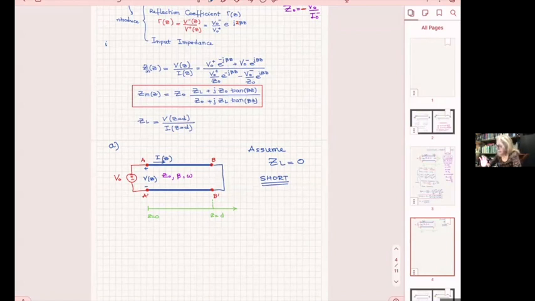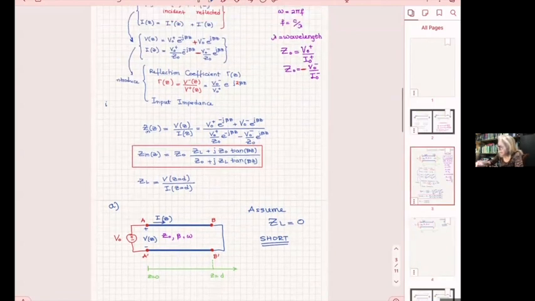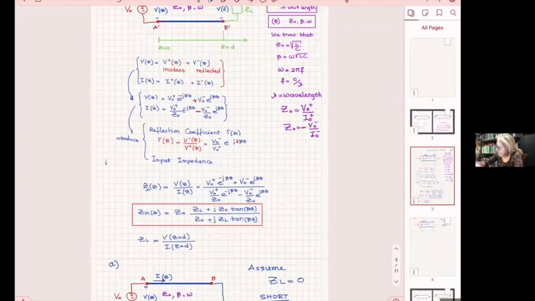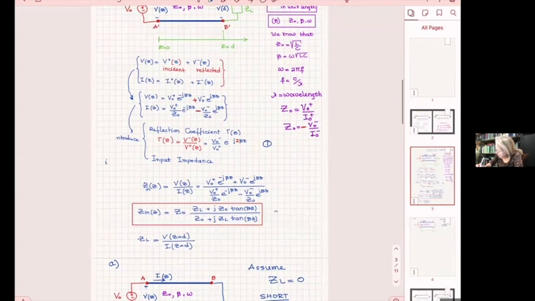All right, first of all, if we have a short, we can find the input impedance at any point. So let me call this 1, 2. All right.